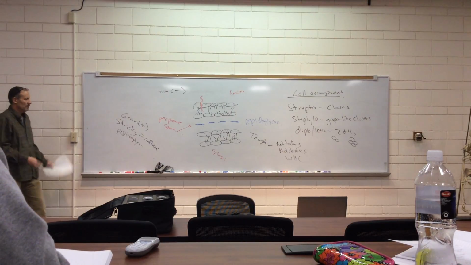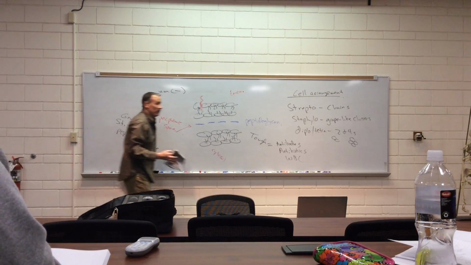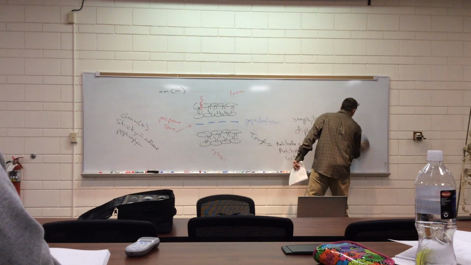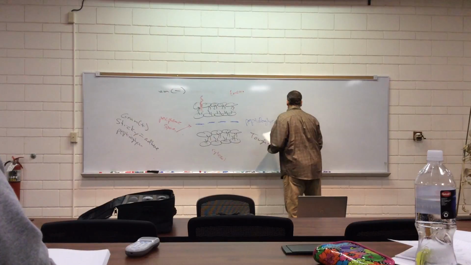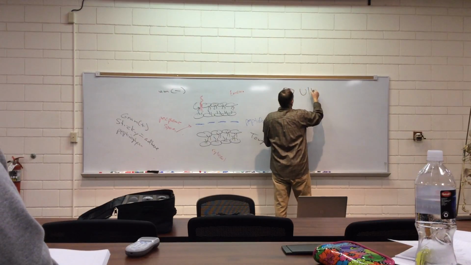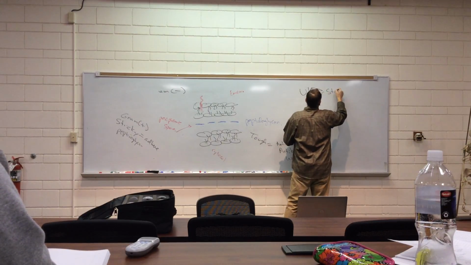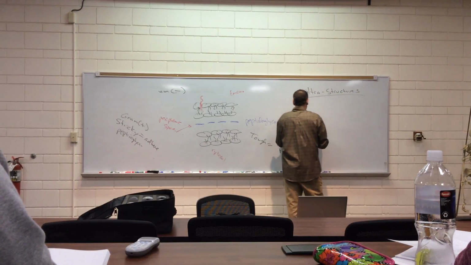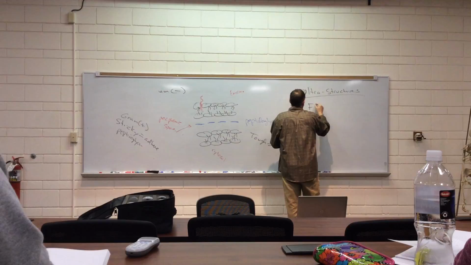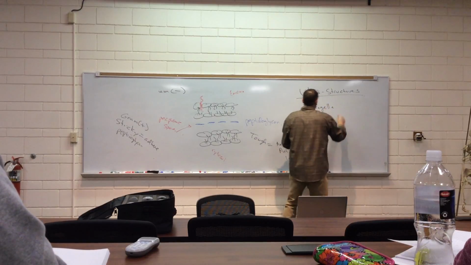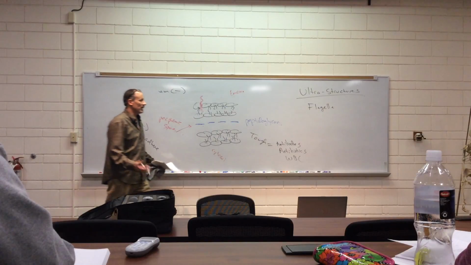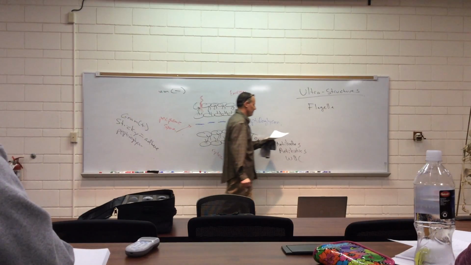So associated with these cell walls are a bunch of what we call ultrastructures or superstructures as well. I'm going to list them, and then we're going to go through them one by one. We have flagella. Flagella, of course, we'll talk about, are used for movement.